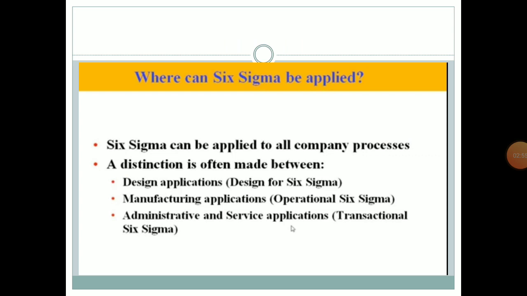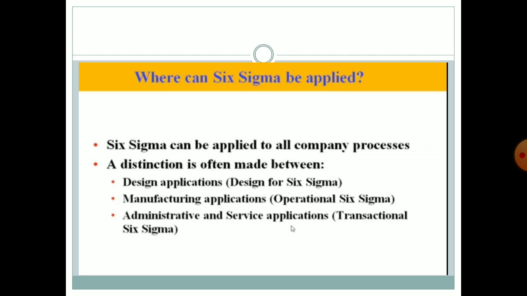Six Sigma can be applied to various functions of the organization or various product categories. First, it may be applied in design. Before a product is made, there is a huge process of design and development, and in this design and development philosophy we can implement the Six Sigma technique.